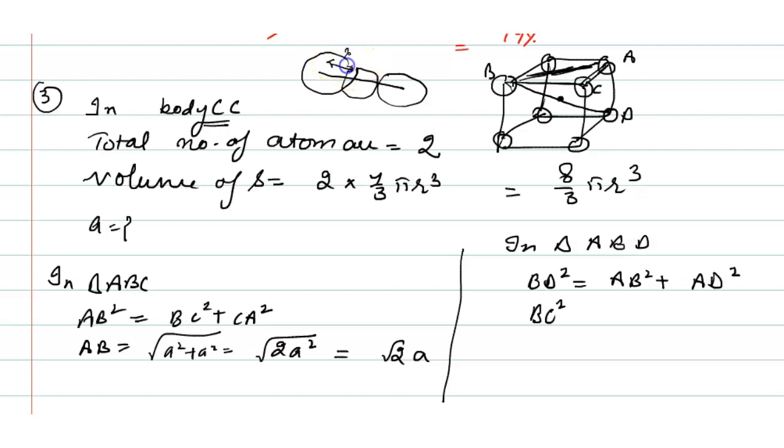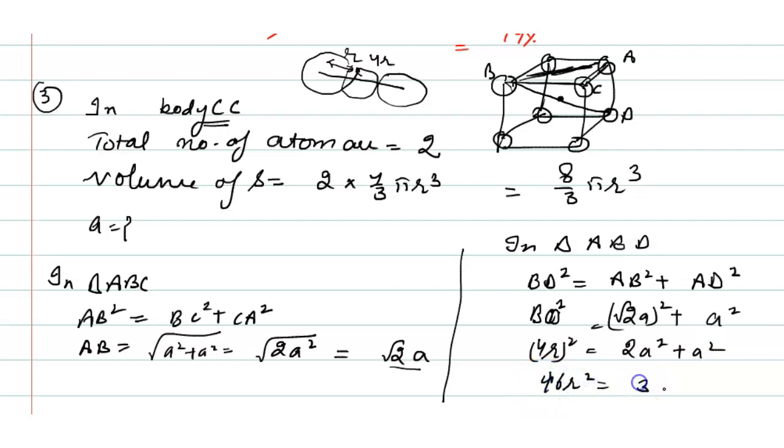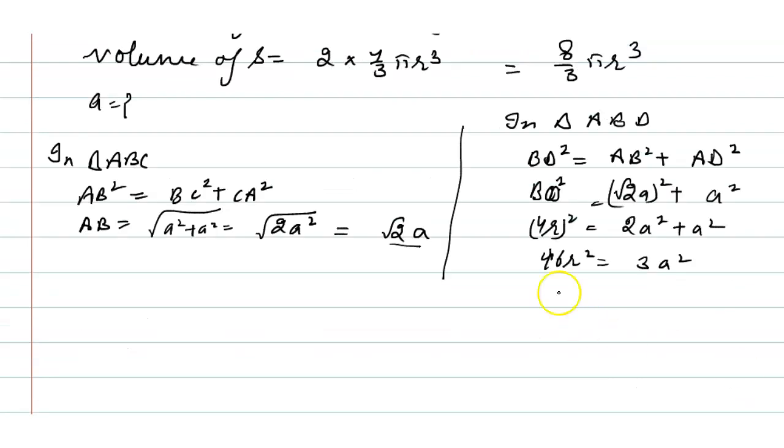So again we will say that BD is 4r. So BD square can be written as 4r square is equal to AB square, root 2a square, plus AD square, which is equal to 2a square plus a square. Now 4 4s are 16, r square is equal to 3a square. Now find the value of a, which is equal to root 16 r square upon 3. So we will get here 4r upon root 3.